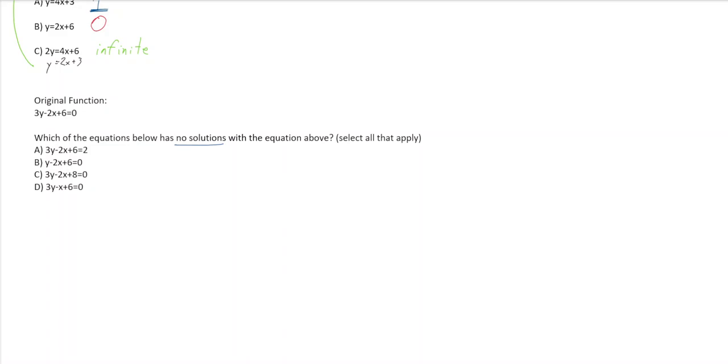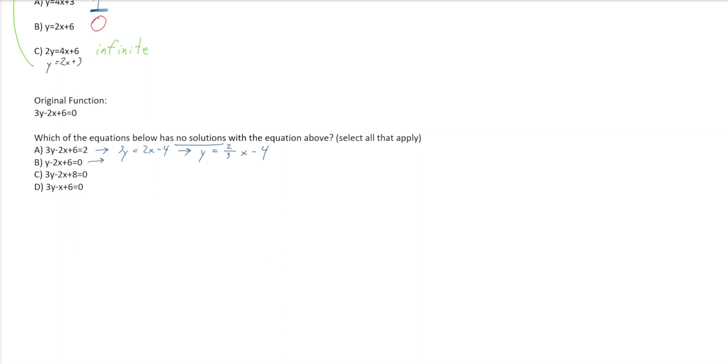You could solve each of these for y equals mx plus b, and maybe I'm going to do that for you guys first, and then I'm going to show you guys the simpler way. So for this one, if we want to get y equals mx plus b, we get 3y equals 2x minus 4. So I subtracted 6 on both sides. I added 2x to both sides. Then I divide by 3 on both sides, so y equals 2 over 3 x minus 4.